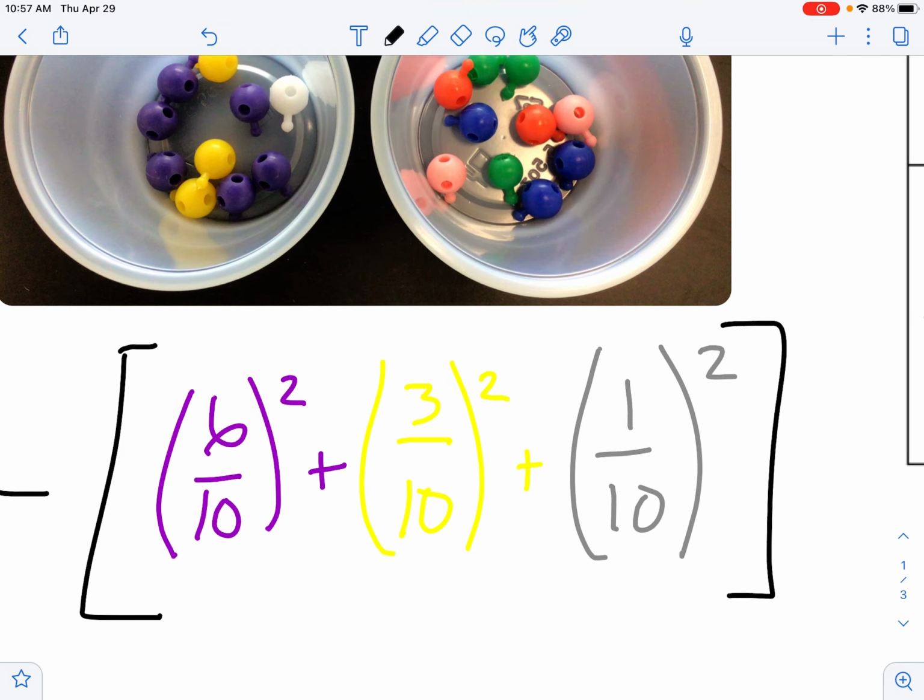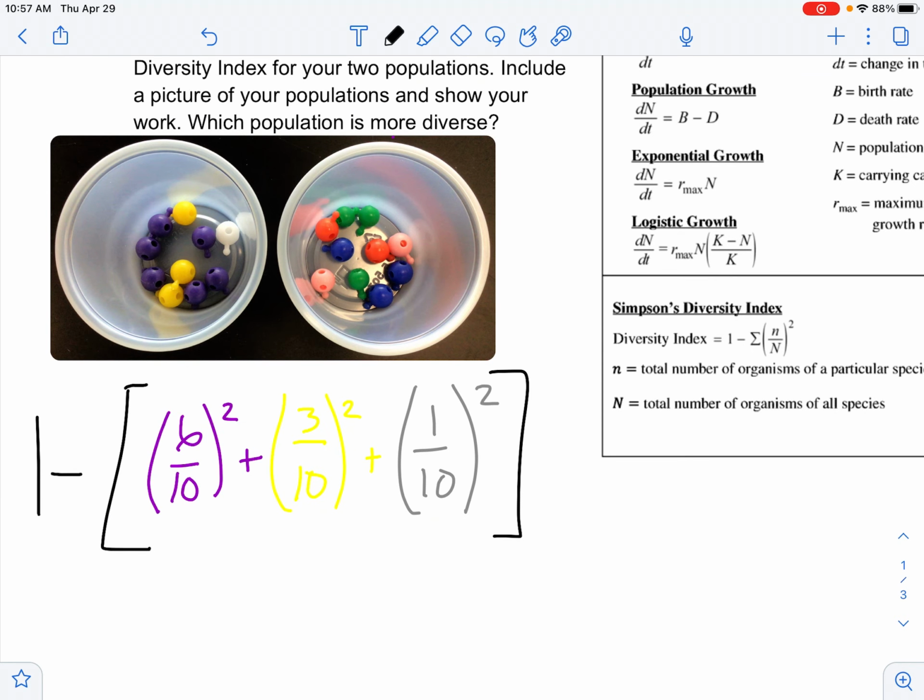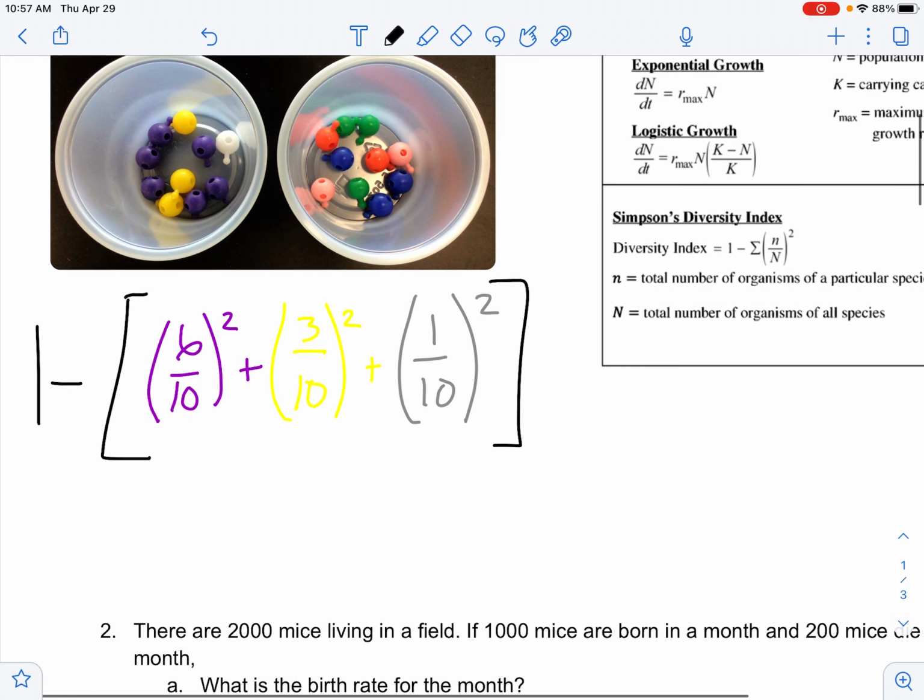So that's the setup. The diversity index is 1 minus the sum of each of the individual species divided by the population total, squared, and added up. So I'll get my calculator here.